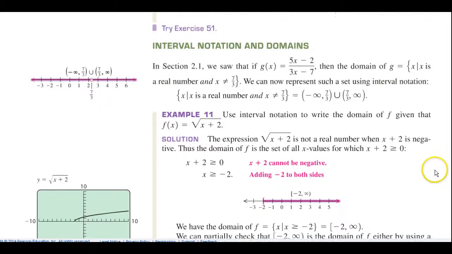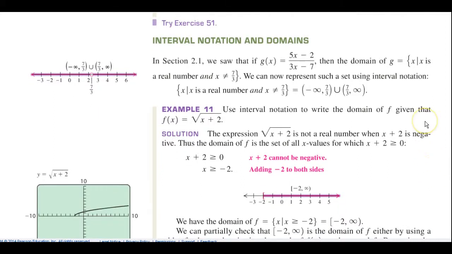Now, we're looking at interval notation and domains. In some cases, as we look at this, there is a little spot here where there's a hollow. What is the significance of that?